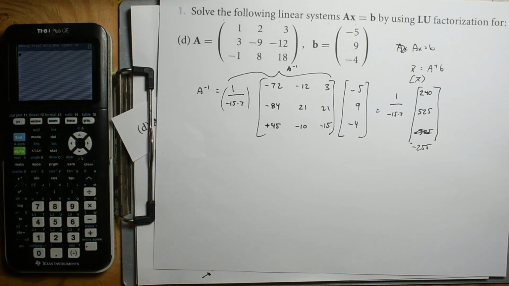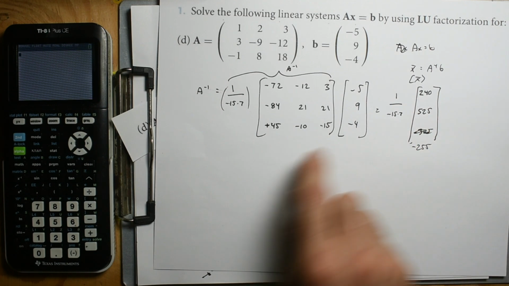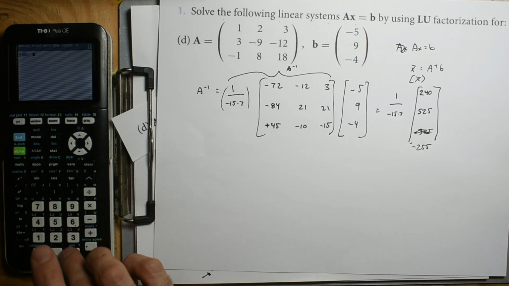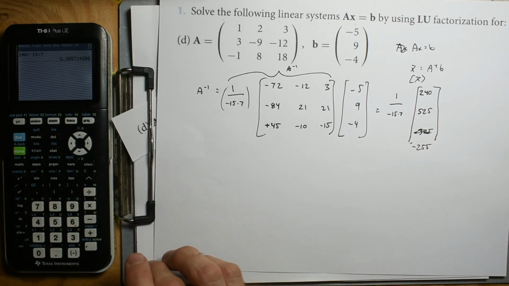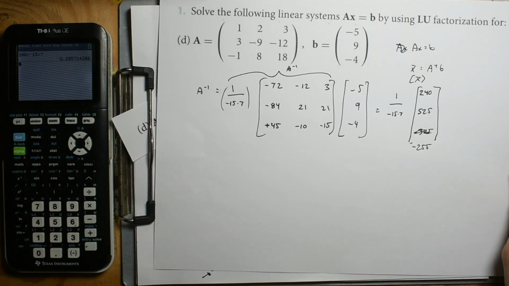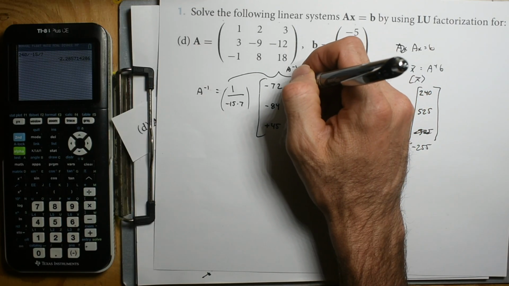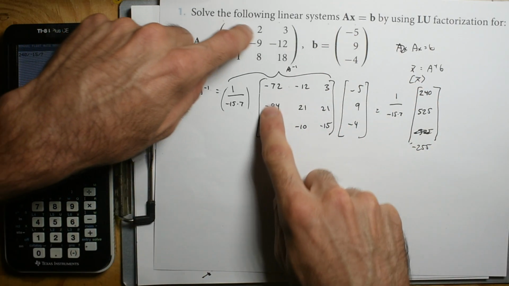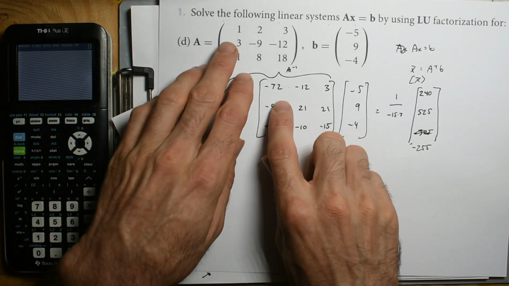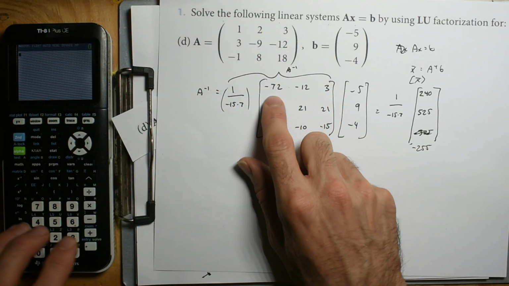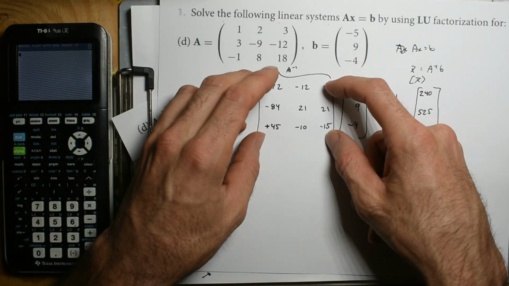Okay, so that, and then if we divide these, so we go 240 divided by negative 15 divided by 7. Oh, no. So I did make an error on this one. Ah, shoot. Okay, so we have an error, and if this is our A inverse, if we multiplied these, I thought we already did that. You know what I mean? So let's do the double check on this, and we'll double check all 9 of these values.